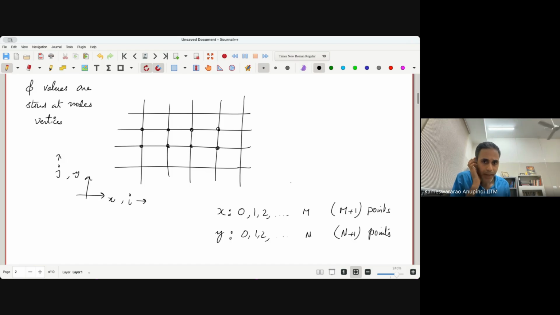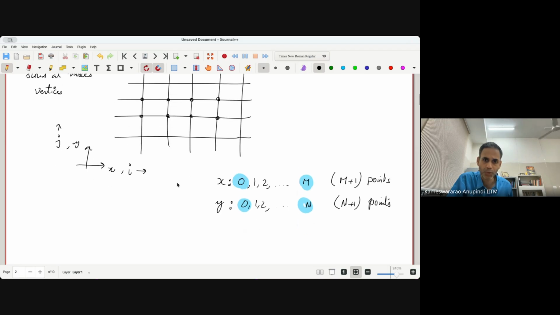Out of which 0 and m happen to fall on the left and the right boundary, and 0 and n happen to fall on the bottom and the top boundary. That means these are the boundary points.